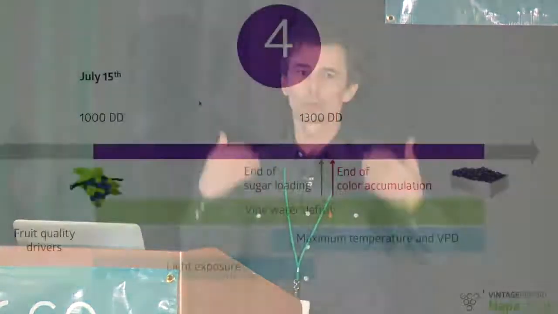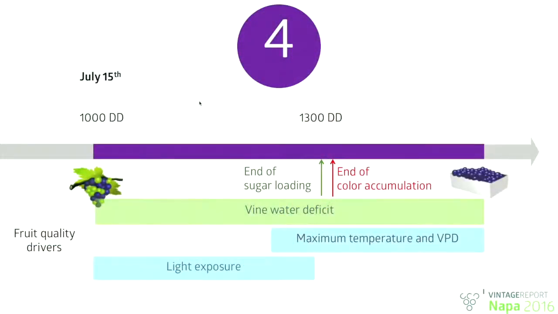Typically, if you track sugar per berry, not Brix, but sugar per berry, you see that there is a very rapid uploading of sugar into the berries that slows down markedly around 1300 growing degree days, and that sets up the start of the polishing of the secondary metabolites. The end of color accumulation is either happening at the same time sugar loading stops or right after. So this is why I have put those two arrows.